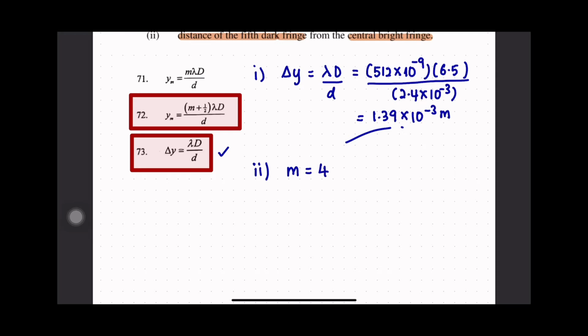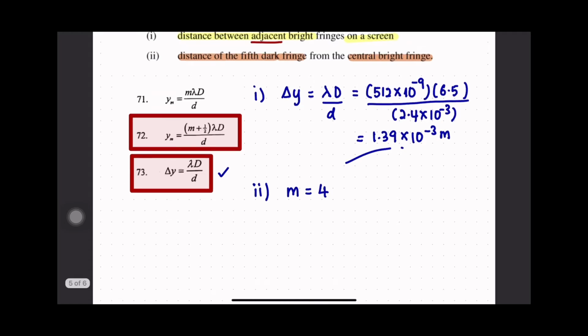Kalau dia sebut perkataan order, distance of the fifth order dark fringe, order dia akan jadi 5. Sebab center untuk double slit adalah bright, dia tak setaraf, jadi kena tolak 1 kalau disebut dark fringes saja tanpa perkataan order.